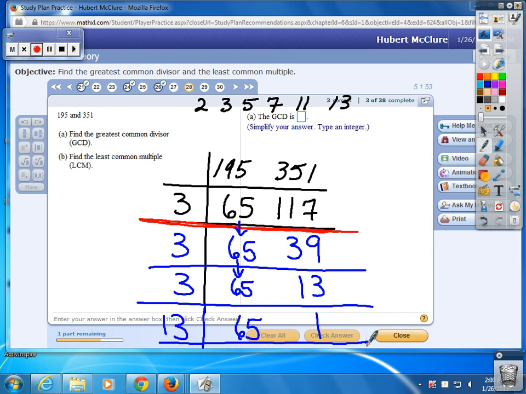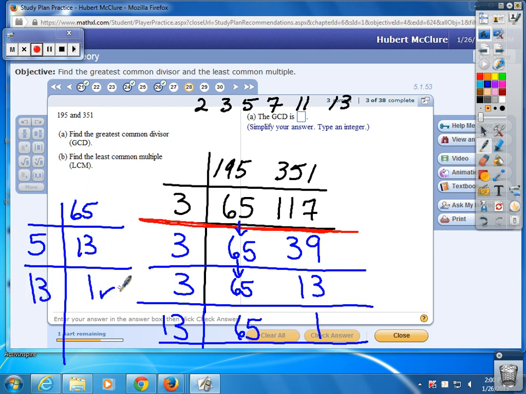Well, 65, we know that 5 will go into 65 how many times? 5 will go into 65, 13, and then 13, there's that. So we got our 1, so it would be 5 times 13 times this, which would be 9, which would be 3 to the 3rd power, times 5 times 13 squared.